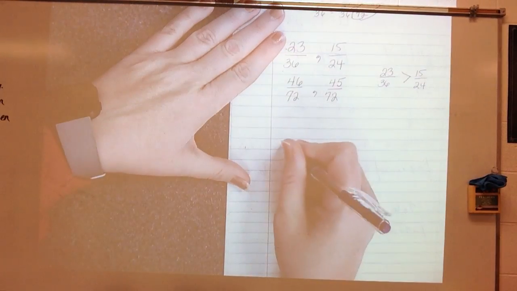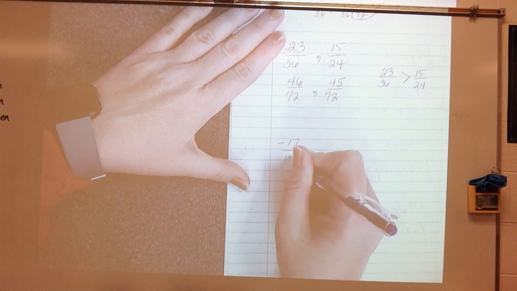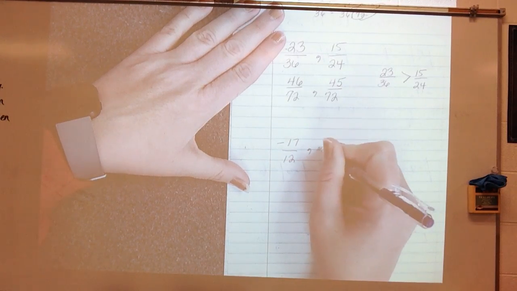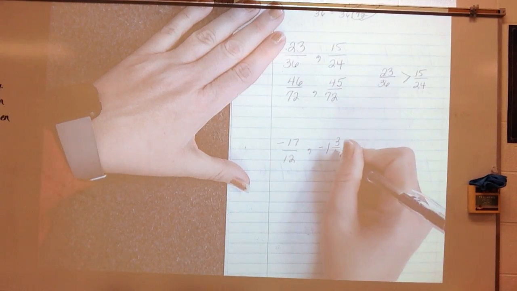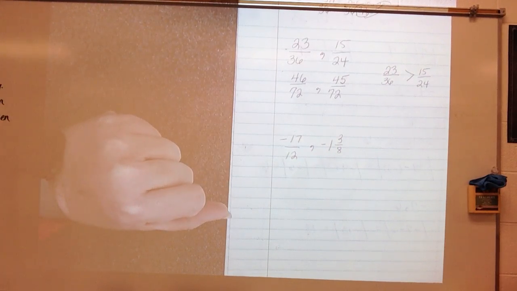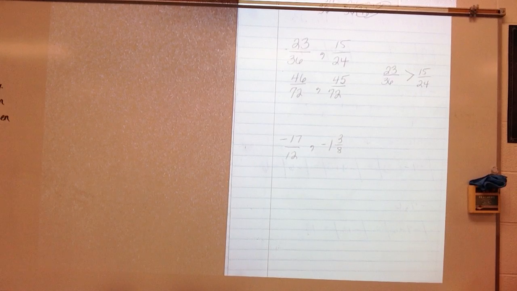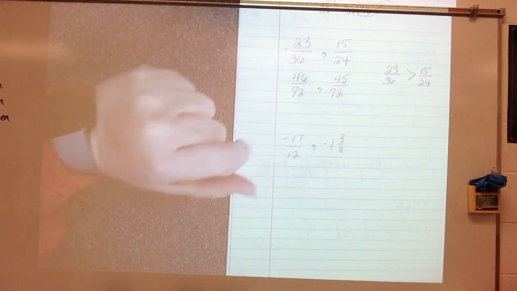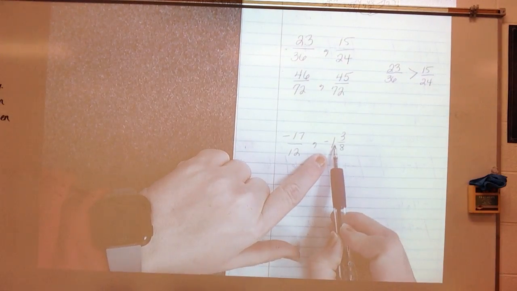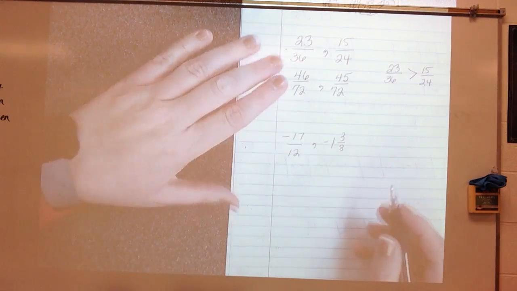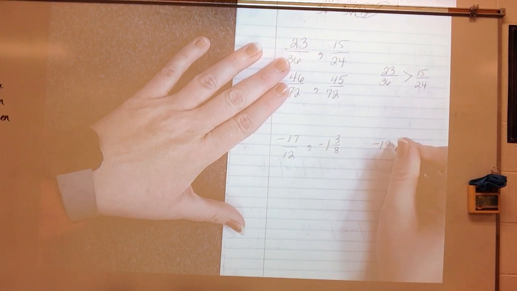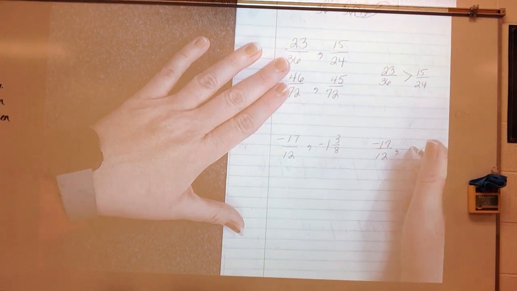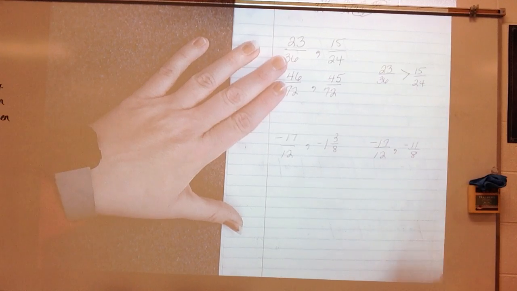Let's look at another one. What if I look at negative 17/12 and negative 1 3/8? Here's what I would suggest you do. I would change this to an improper fraction. 8 times 1 is 8, plus 3 is 11. So now I've got negative 17/12 and negative 11/8.